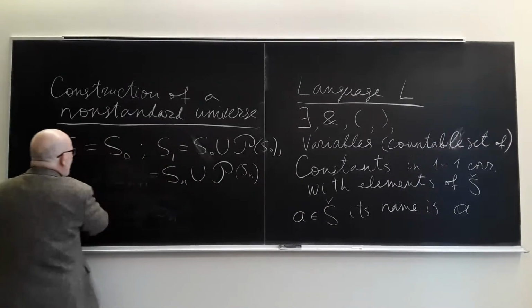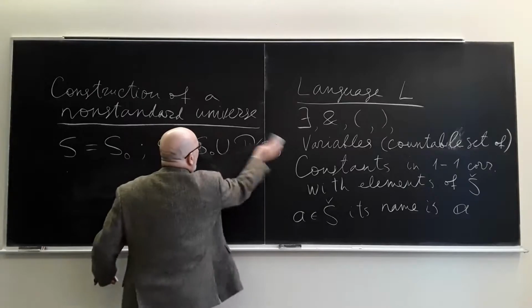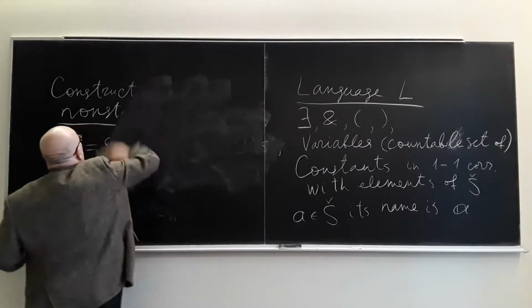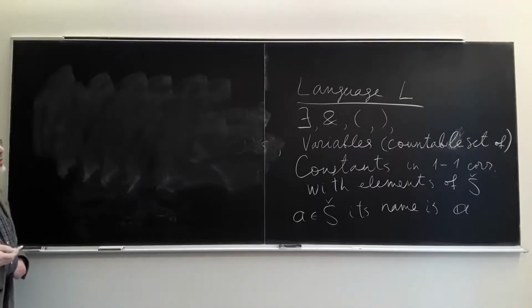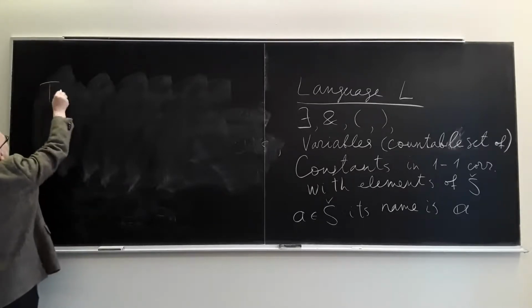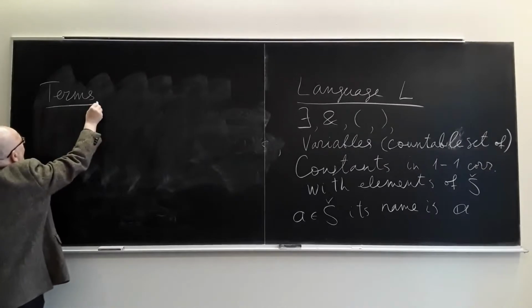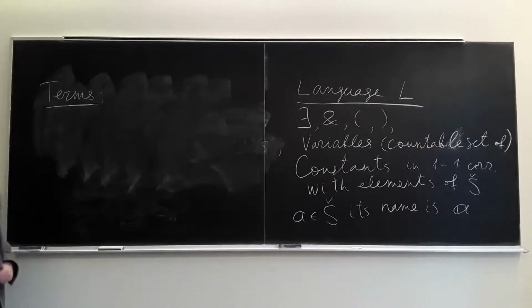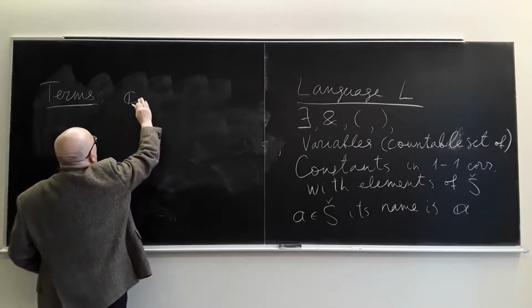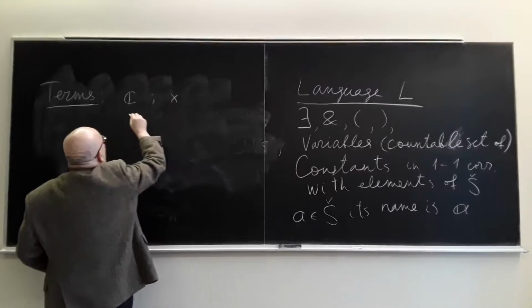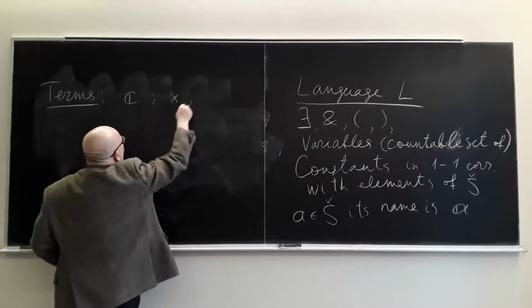And now the basic constructions of our language are terms. Terms are either a constant or a variable or their combination. So say a constant C, a variable x.